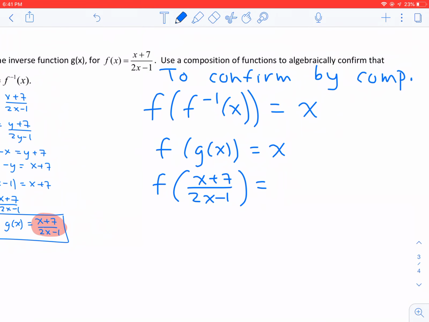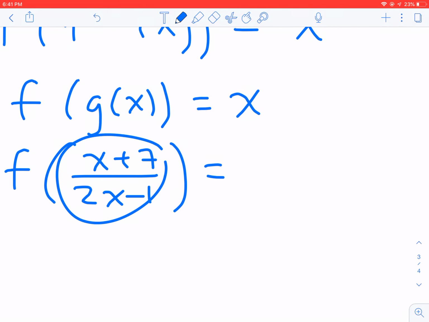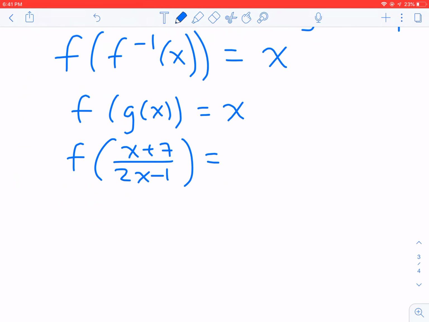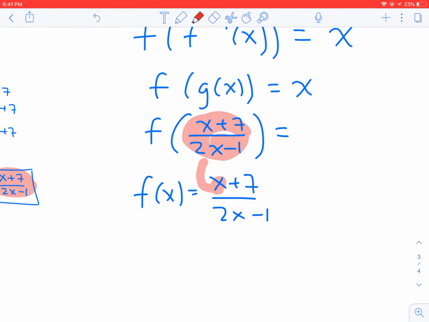So I'm taking this and I'm plugging it into itself, right? I know this one's kind of weird because it's the same function, right? But I'm taking this and I am plugging it in there. Alright, so if you want to give this a shot, you already know the answer should just be x.